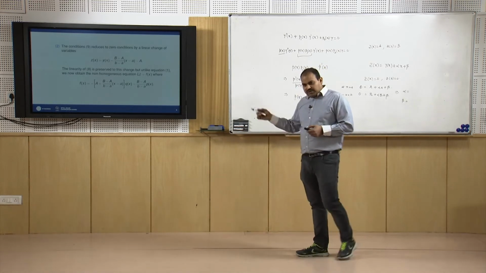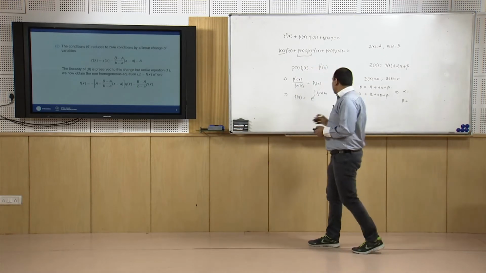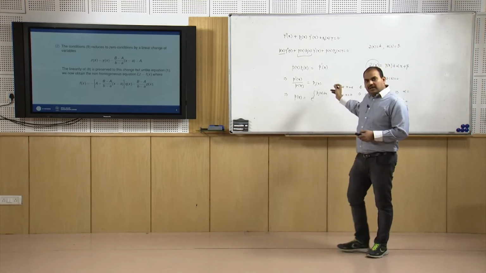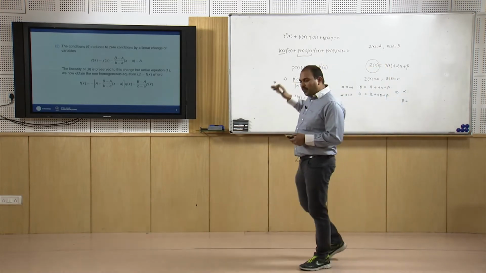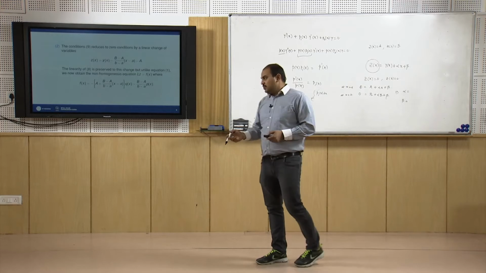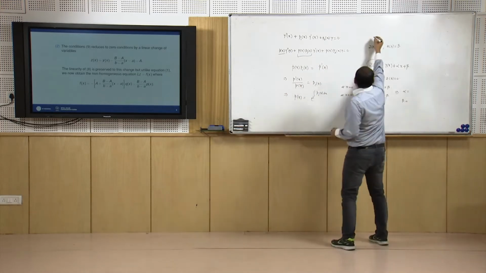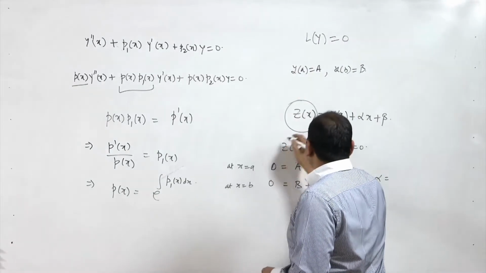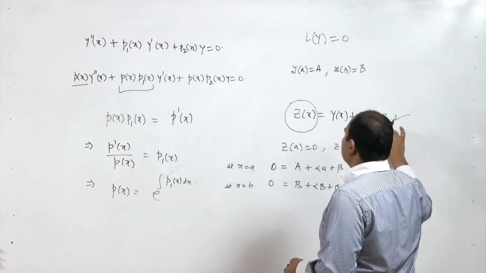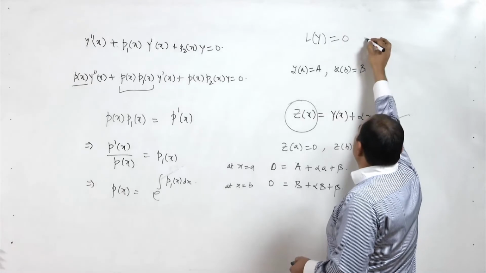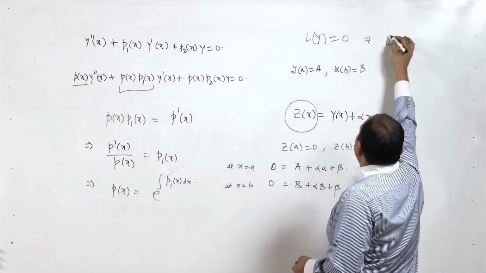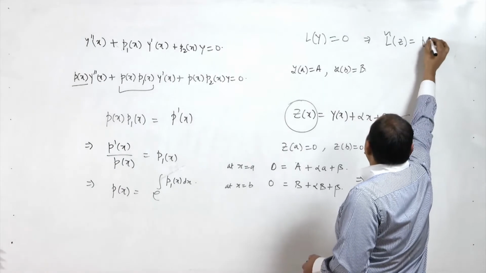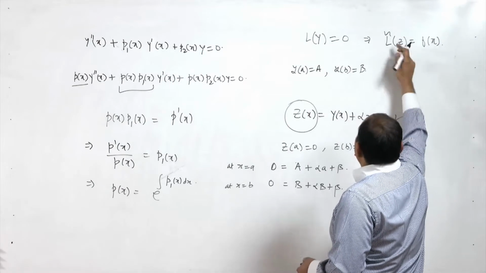Now if we do this, we are using a new variable z(x), so your equation will also change. Initially your equation is Ly = 0, but when you use z(x) = y(x) + alpha x + beta, it will be reduced to something like L tilde z = some f(x).